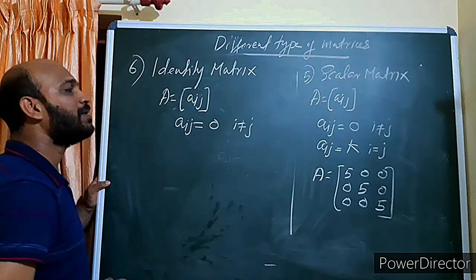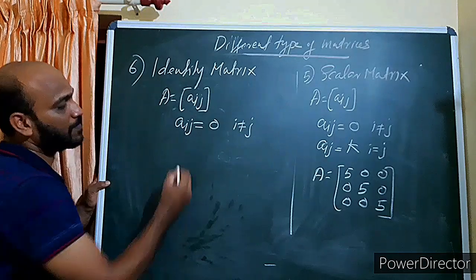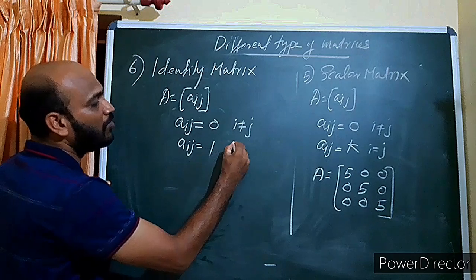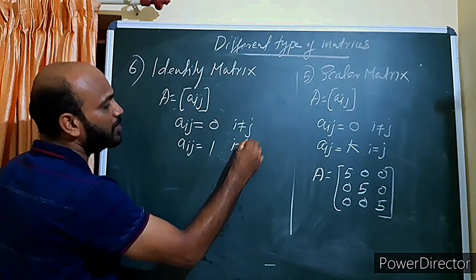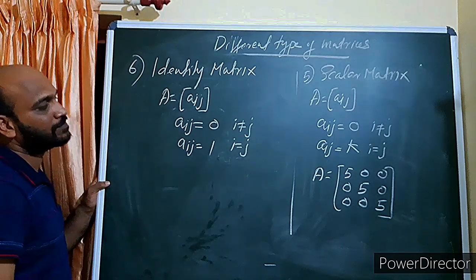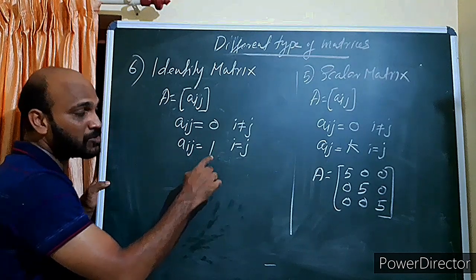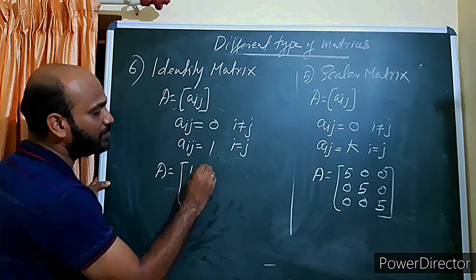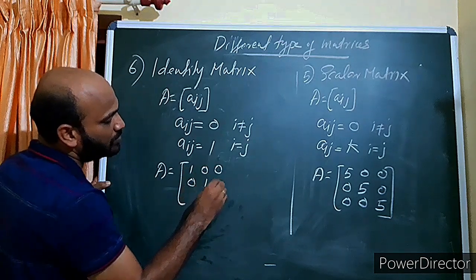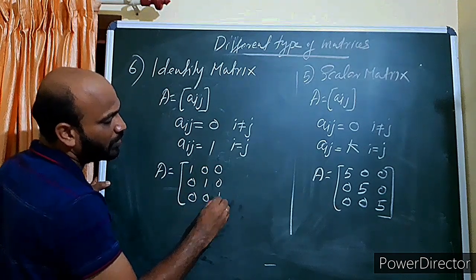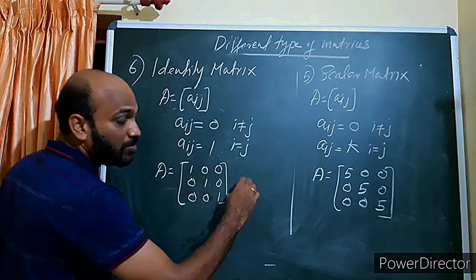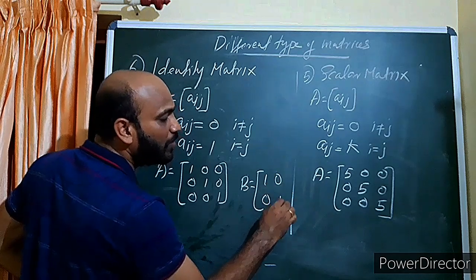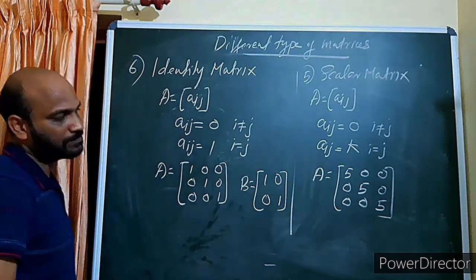That means it should be a diagonal matrix, and Aij equal to 1 for i equal to j. That means all diagonal elements should be 1. Example: A equal to 1, 0, 0, 0, 1, 0, 0, 0, 1. One more example: B equal to 1, 0, 0, 1.